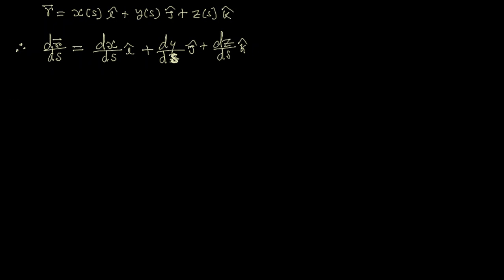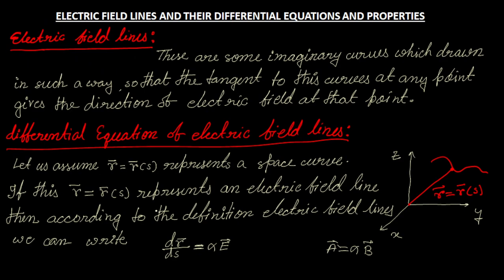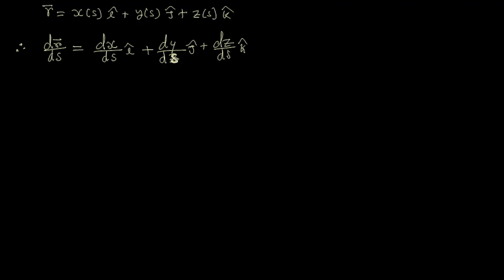Now from this equation, the tangent vector is parallel to the electric field. And also, let me write here, in general the electric field can also be represented like E vector equals, in terms of x component, y component, z component. Let's say the x component of electric field is Ex, the y component is Ey, and the z component is Ez.